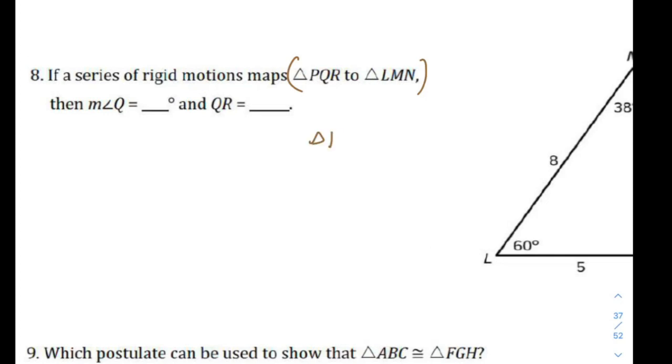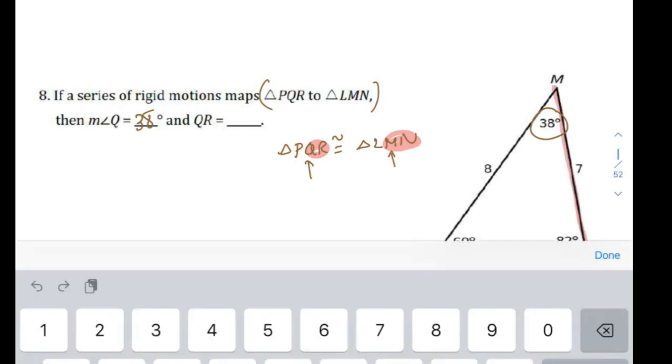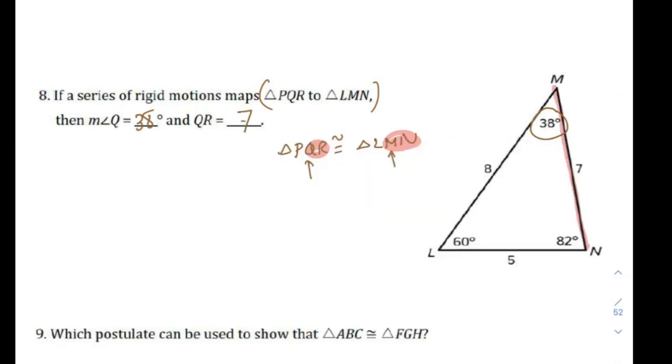That means triangle PQR is congruent to triangle LMN because it's a rigid motion. That means angle Q should be congruent to angle M. In our case, angle M is equal to 38, so you copy it. QR is congruent to MN. MN in our case has a length of 7, so this should be 7. As simple as that. Just understand what is going on.